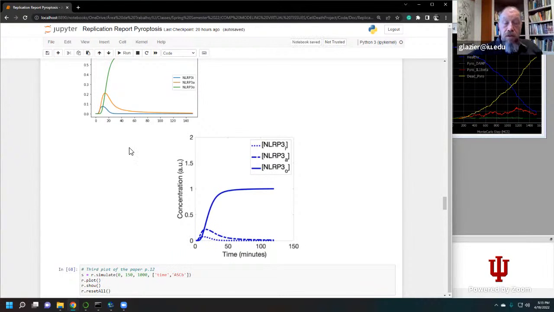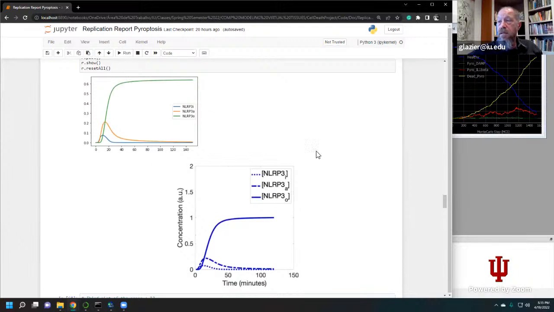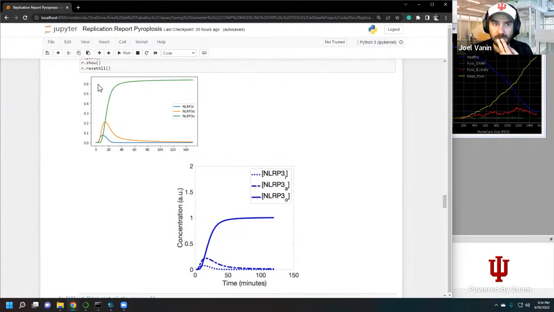Well, if the equations are what they gave, then you should get the same thing. So here the question is, the time scale is the same. The maximum values are a little bit different. Yeah, I don't get 1.